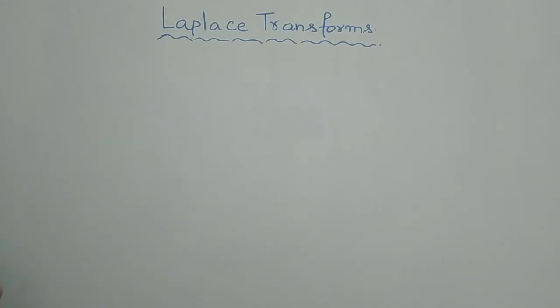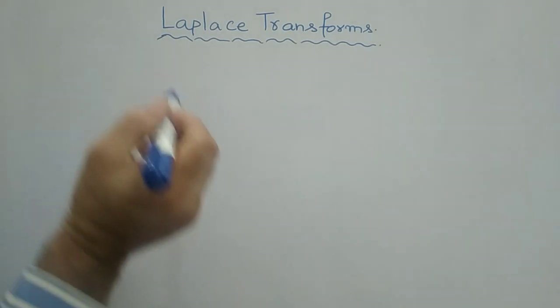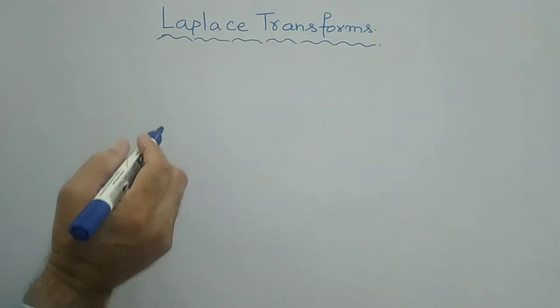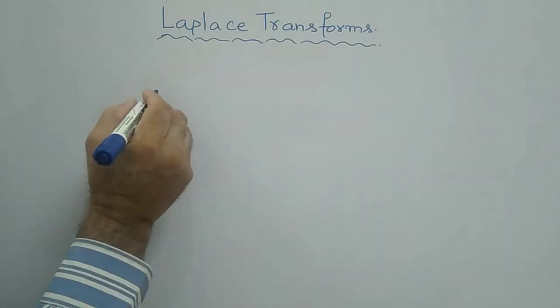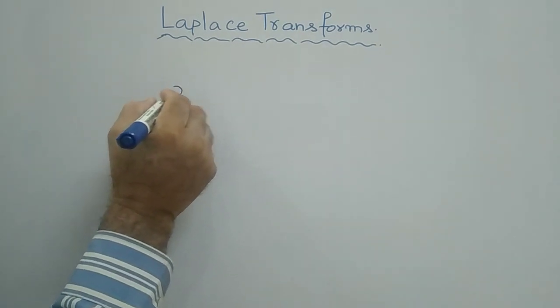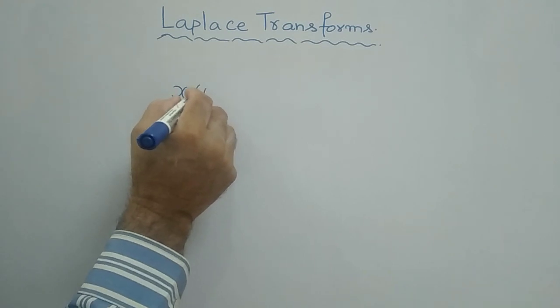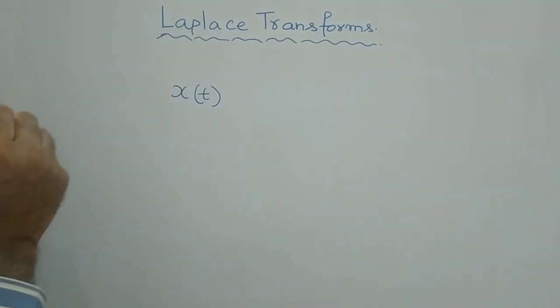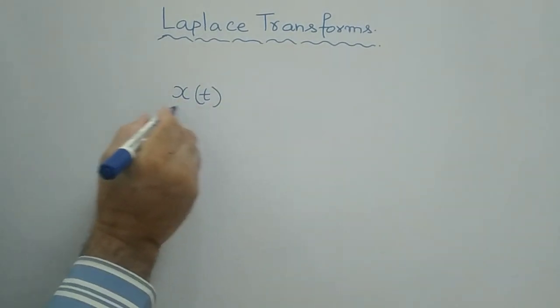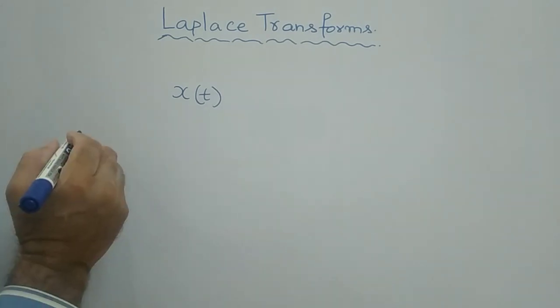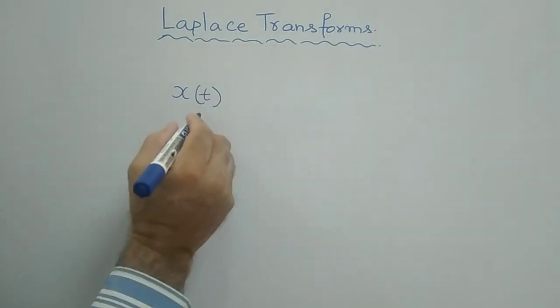In our previous presentation, we have seen the basic definition of a Laplace transformation. For any given function, let us say x of t is any given function, most of the time this x of t is a continuous time function.